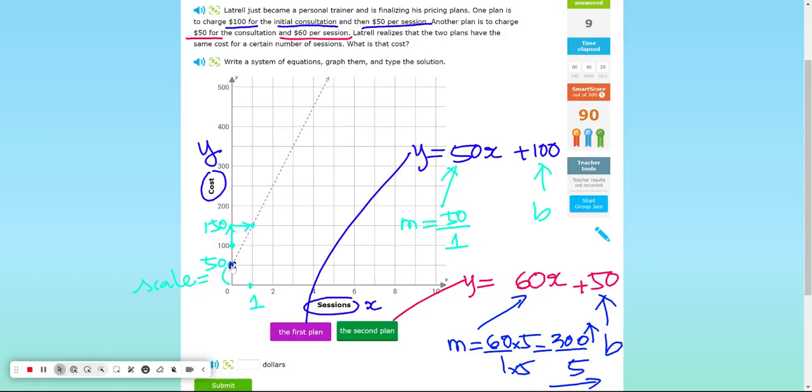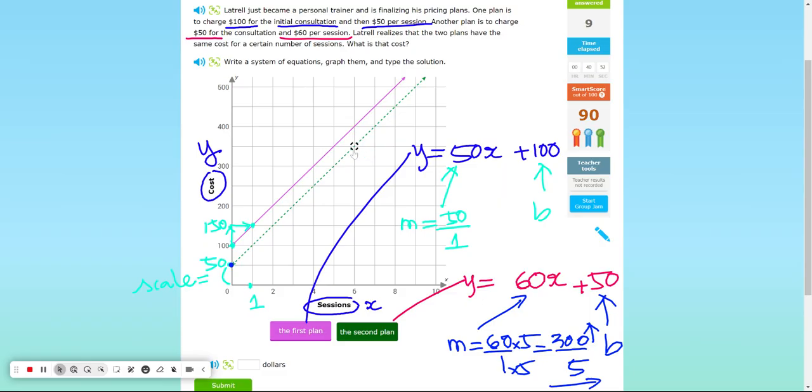Start at 50. I have to make sure I click on the second plan. Start at 50, up 300, 50 plus 300 becomes 350. Then go to the right side 5.